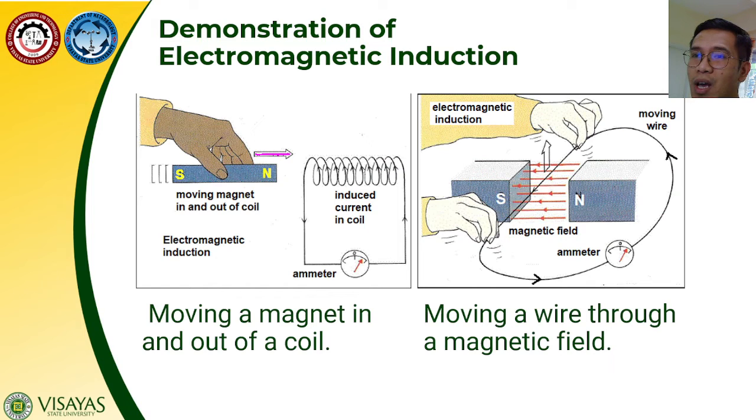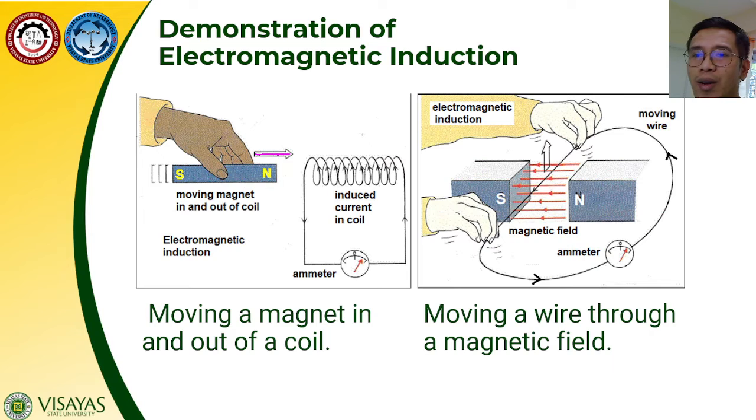The other one, we are moving the wire through a magnetic field. So sa second part, the magnets are stationary. Sa first part, the magnets are moving and our wire is stationary. Both simple demonstrations induce a tiny current in the wire, or the electromagnetic induction.